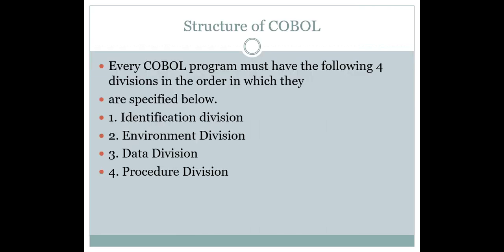Now we are going to discuss each topic in detail. The first one is the structure of COBOL. Every COBOL program consists of 4 different divisions, and they have their own order. The first one is the identification division, the second is the environment division, the third is the data division, and the fourth is the procedure division.